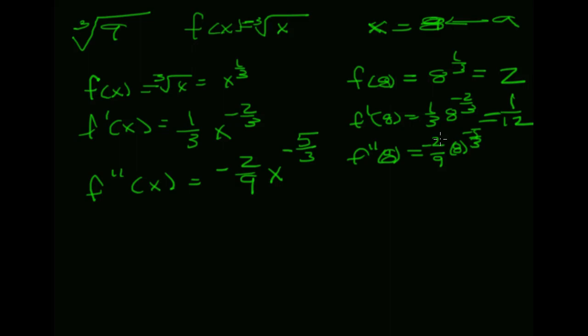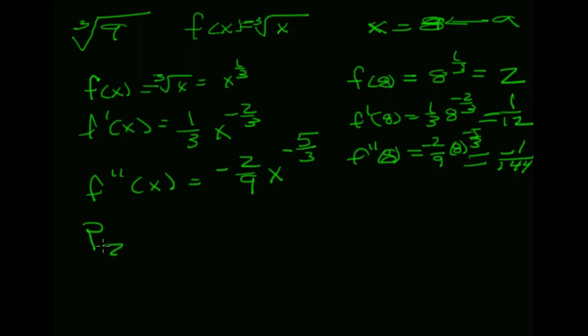The 2 and the 32 are going to cancel, making negative 1/16 times 9. 16 times 9 is 144. So this is negative 1/144. Okay, so we have what we need to make the second degree Taylor polynomial.